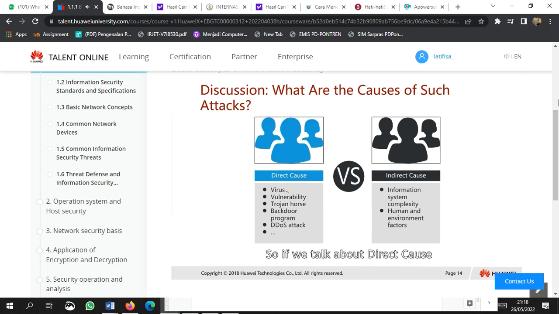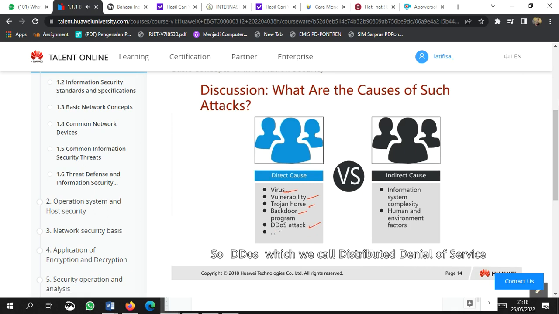If we talk about direct cause, it could be viruses, it could be some of the computers, or maybe some laptops where you connect to some public infrastructure, some public Wi-Fi, whatever, and affected by viruses, or maybe vulnerability of your operating system, which is not up to date, not patched. Trojan horses, backdoor programs, probably sometimes could be the DDoS attack.